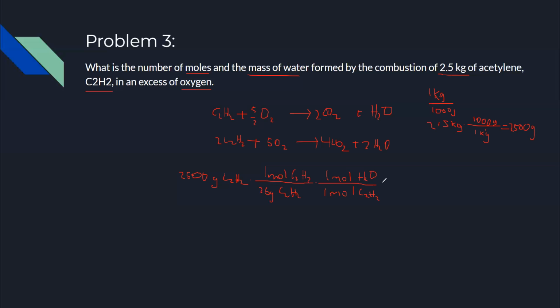And then you could calculate to find the amount of moles of H2O formed, which is 2,500 divided by 26. The amount of sig figs is 2, so it's just 96 moles.